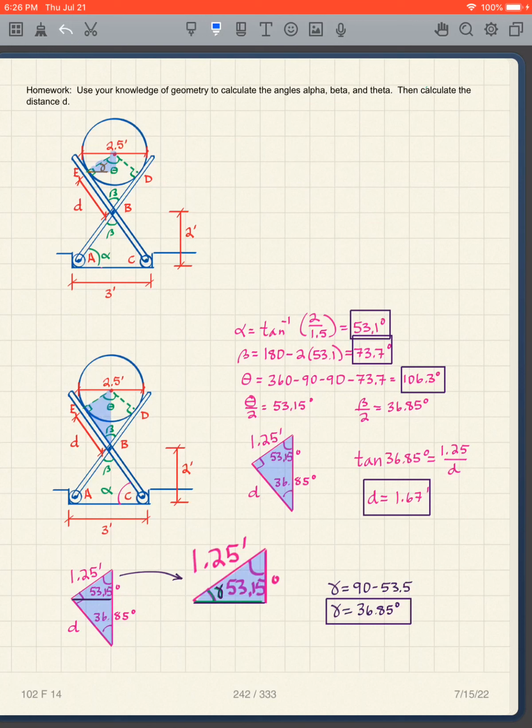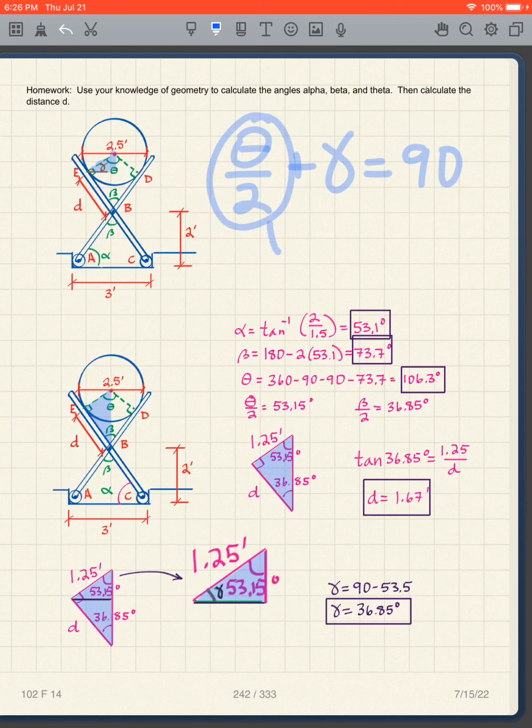I know that theta over 2 plus gamma is equal to 90 degrees, and theta over 2 is 53.15. So I get gamma is equal to 36.85 degrees.